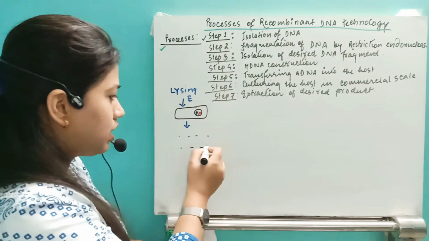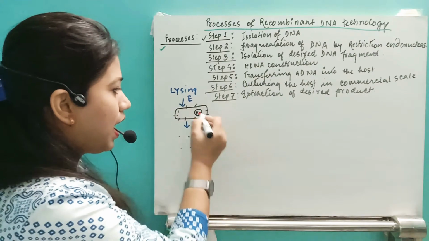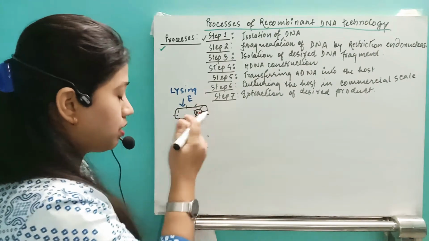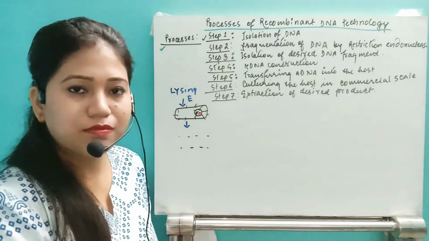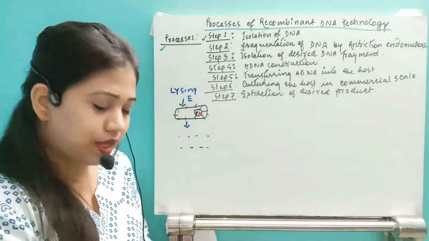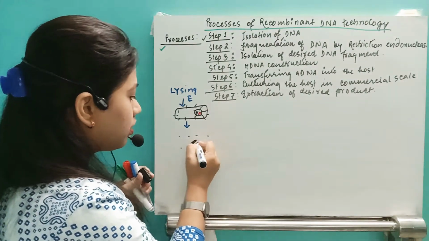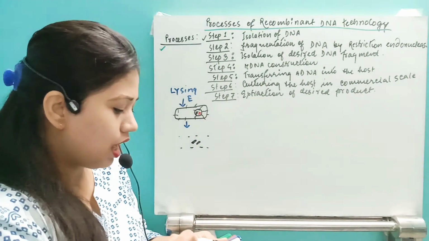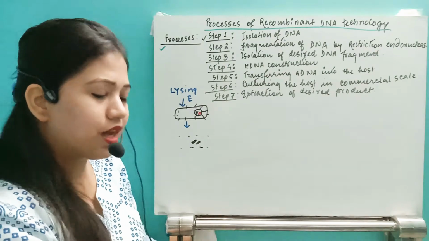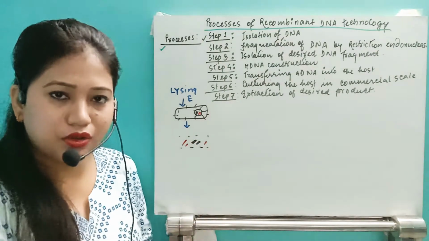Now in that mixture we don't have the cell membrane, because the plasma membrane as well as the nuclear membrane are completely lysed. But our DNA fragments are still present somewhere here along with the histone protein, and along with that we have the RNA also. So DNA, RNA, protein, everything is here.